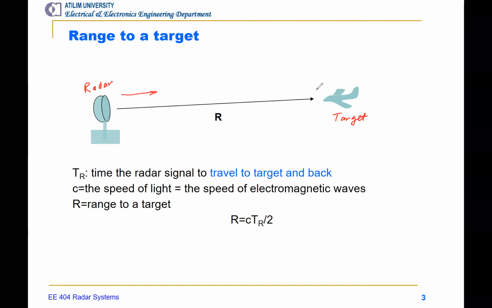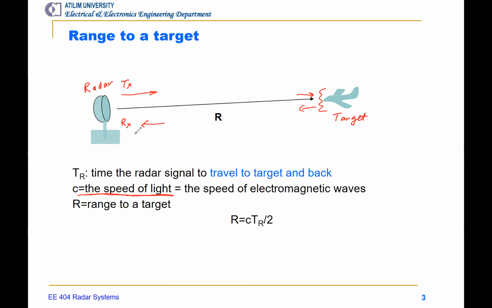It travels in space with the speed of light, because electromagnetic waves travel at the speed of light, and it hits the surface of the target and then returns to the radar. Usually, transmitter and receiver are co-located. So in a typical radar system, we have a transmitter and receiver. They are co-located. And then this echo signal is picked up by the receiver.